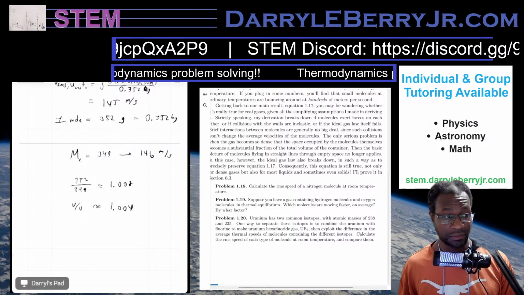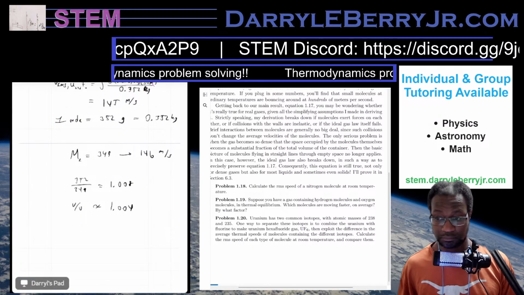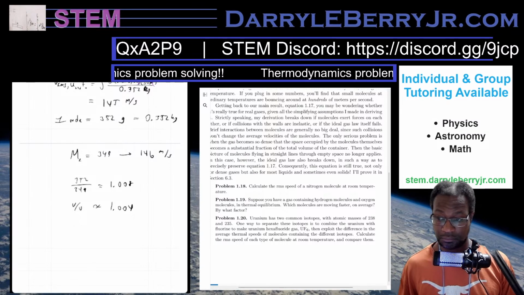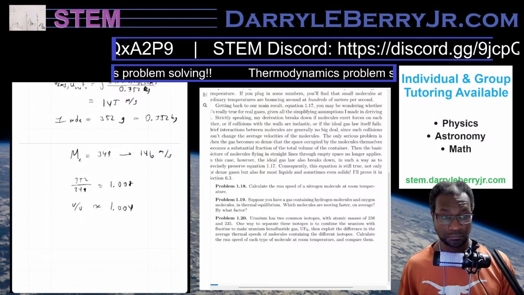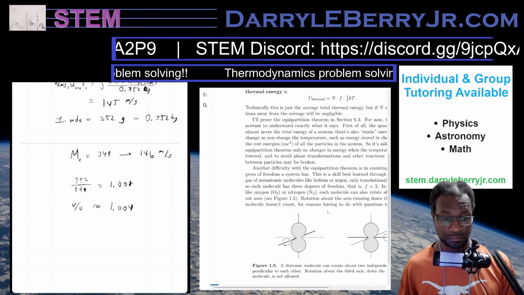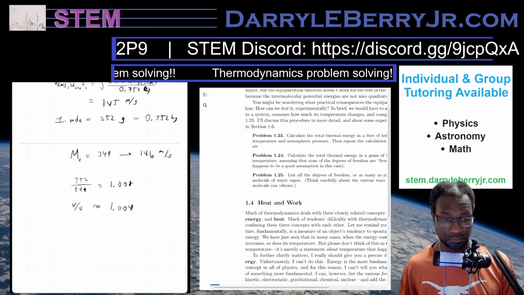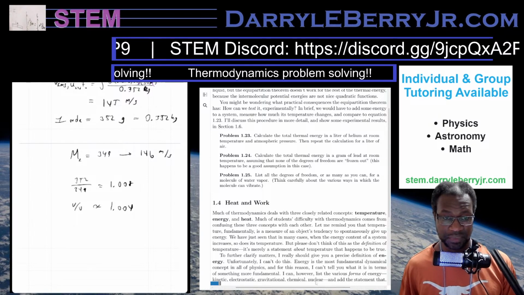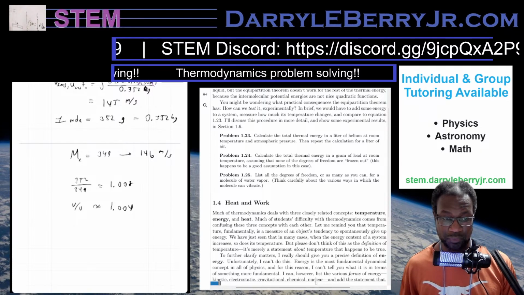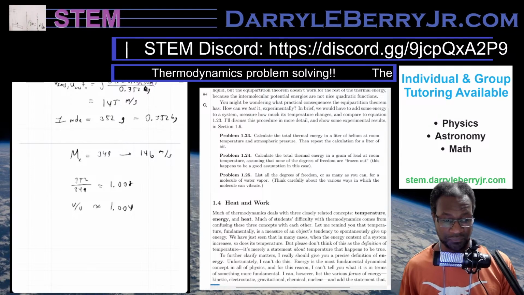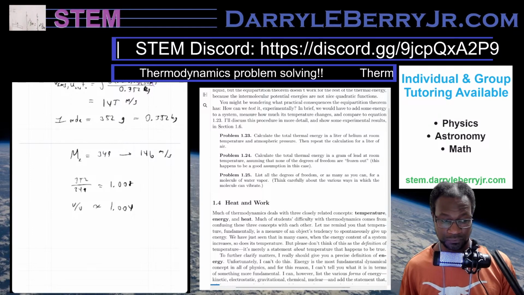Next is 123. 123 says calculate the total thermal energy in a liter of helium at room temperature and atmospheric pressure. Then repeat the calculation for a liter of air.